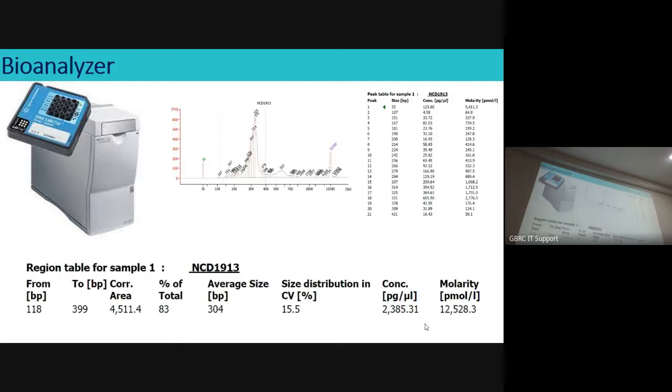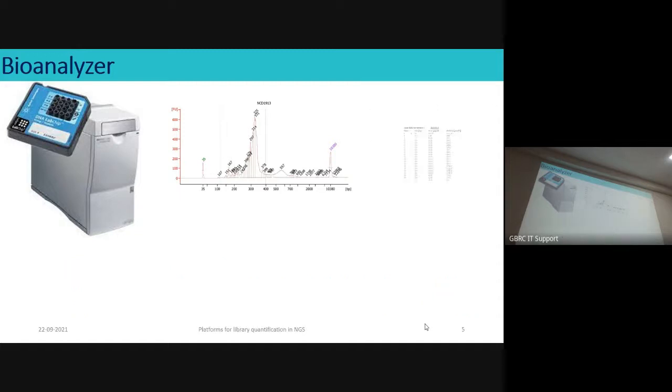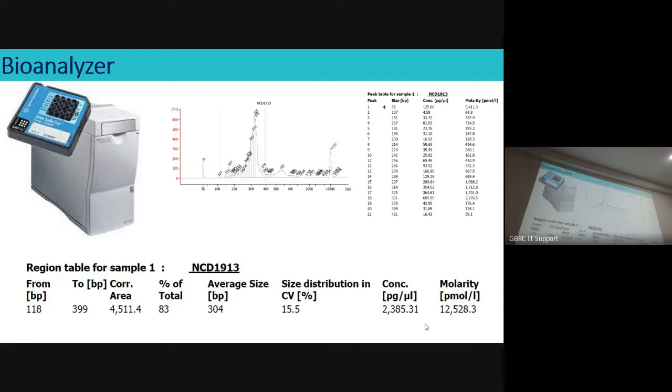So in the Bioanalyzer, you will find a summary: the average base pair size of the library is this, and the concentration of this library is this many picograms per microliter, as well as this molarity. And using Qubit readings, you have to convert into picomoles.